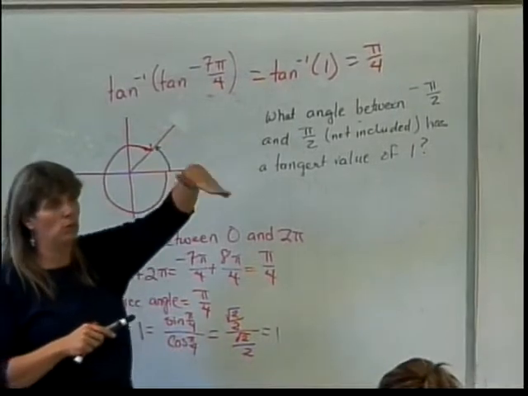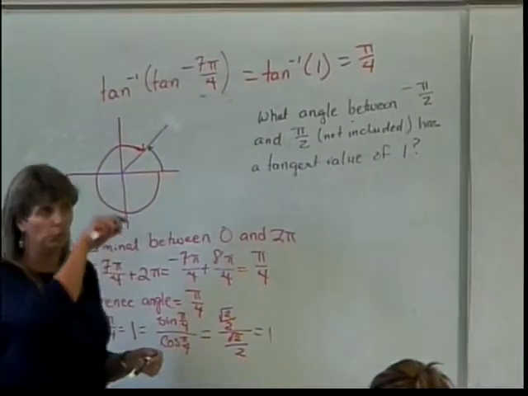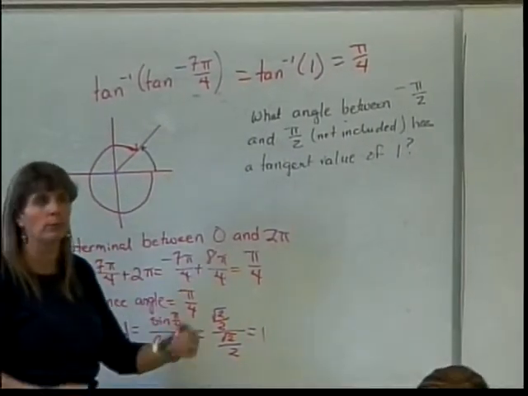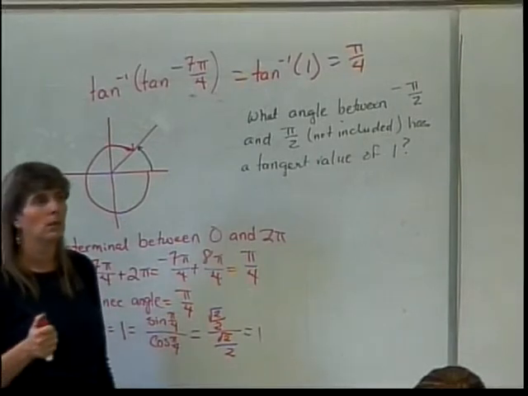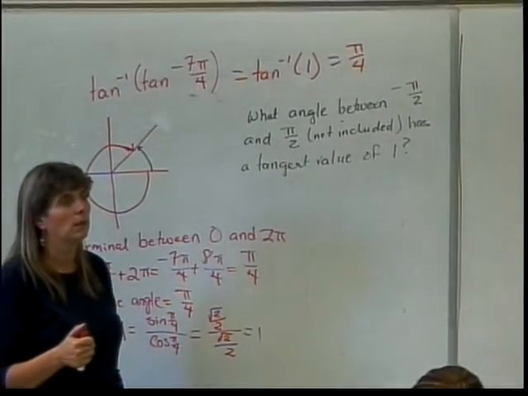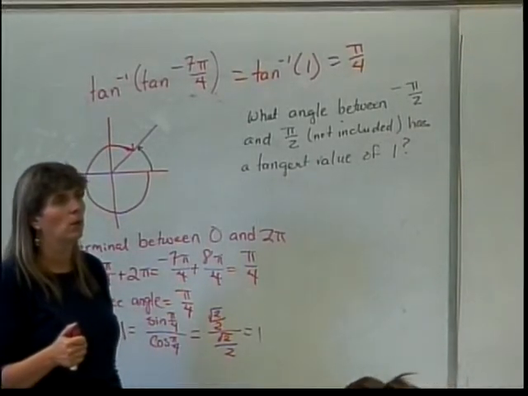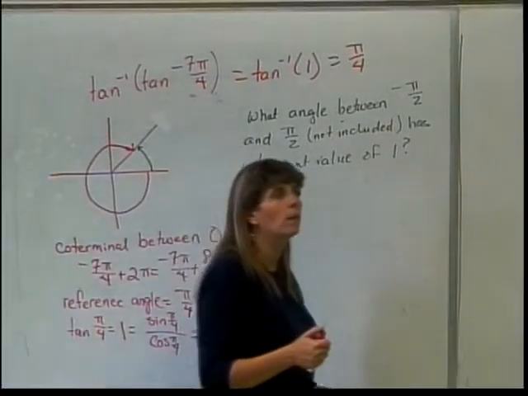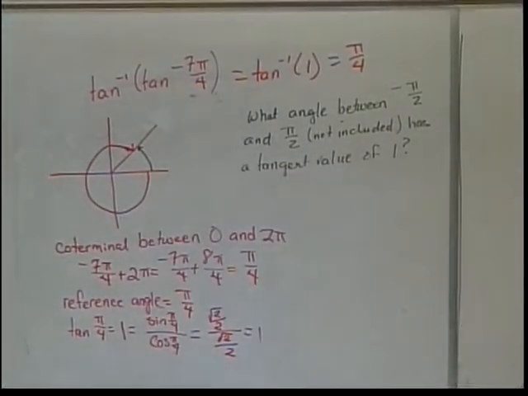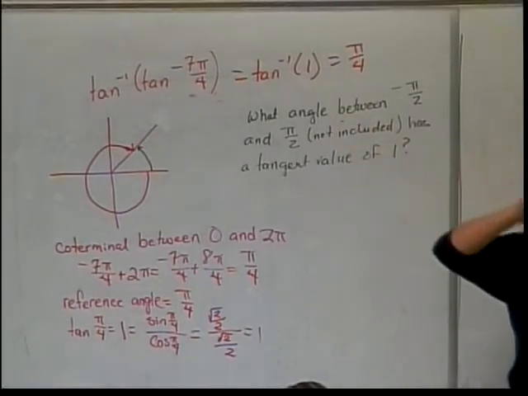Instead, you're in quadrants 1 and 2, and so you have to decide whether you're going to be in quadrant 1 or quadrant 2. Is that the only point of the inverse functions, that they've got restrictions? Right, because they've got restrictions, there will only be one single answer. Now, here's what happens when we start with section 5.5 and start solving trig equations: if you use your inverse functions, you're going to get one answer.